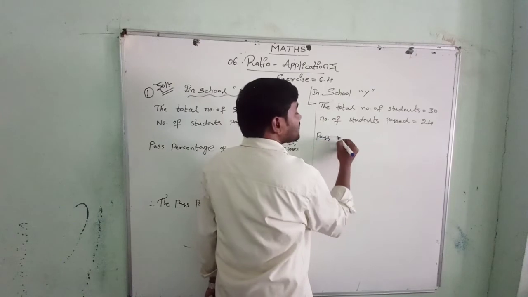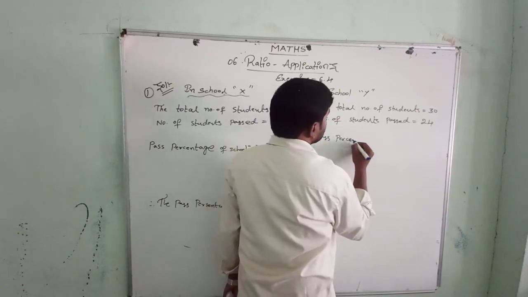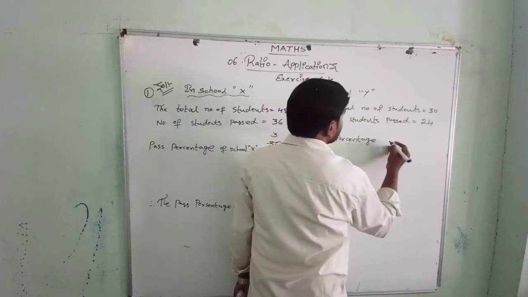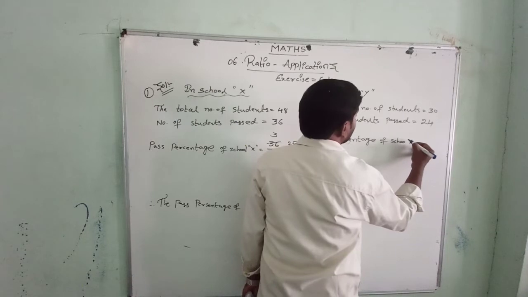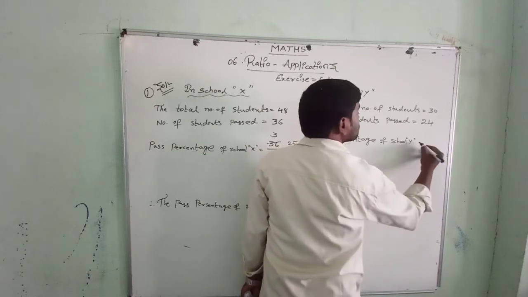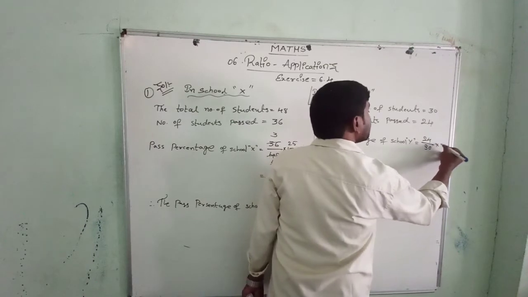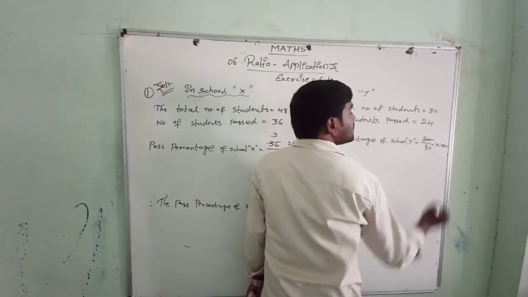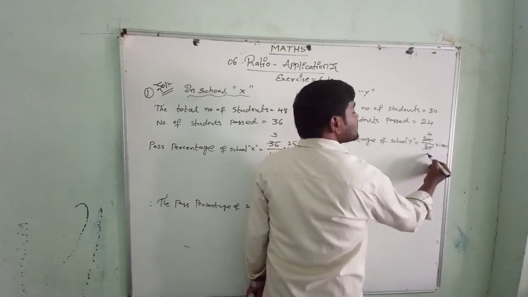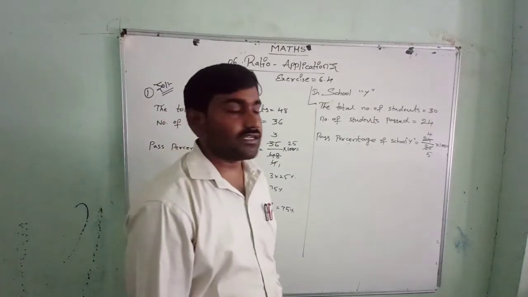Then the pass percentage of school Y equals how many children passed? 24 out of 30 into 100%. That equals, here 6 4s are 24, 6 5s are 30.